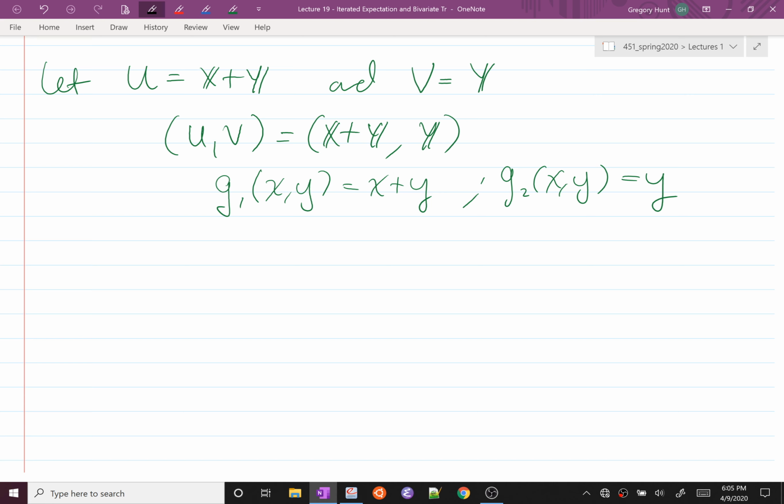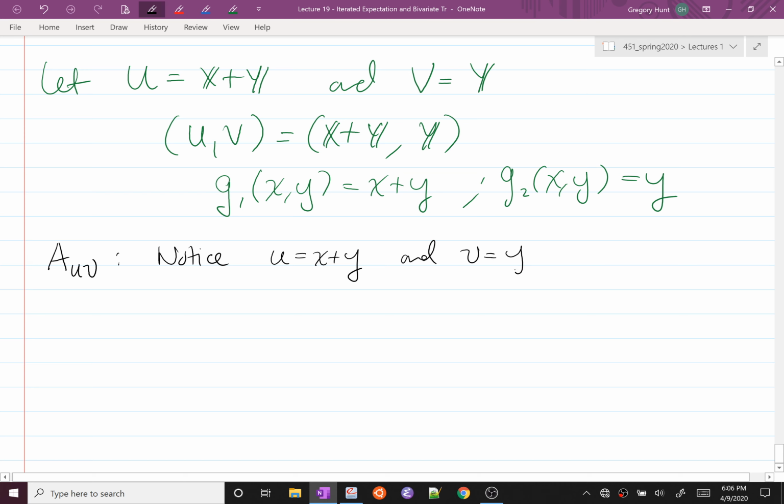So first, we need to determine this set A sub uv, which is the set of all x and y that map to a u and v. So to get this, let's notice that u is x plus y and v is y. So if I look at u minus v, I get x.